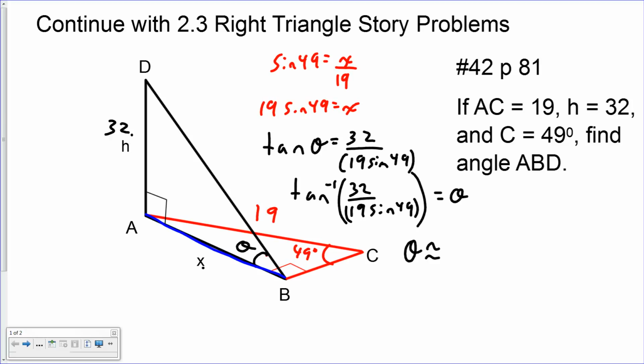And your theta should be 65.86. Keeping it exact until the very last step, and then rounding to the nearest hundredth.